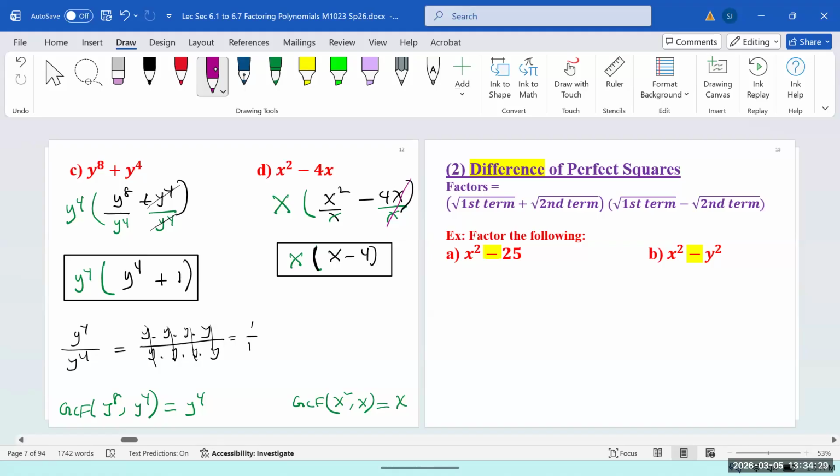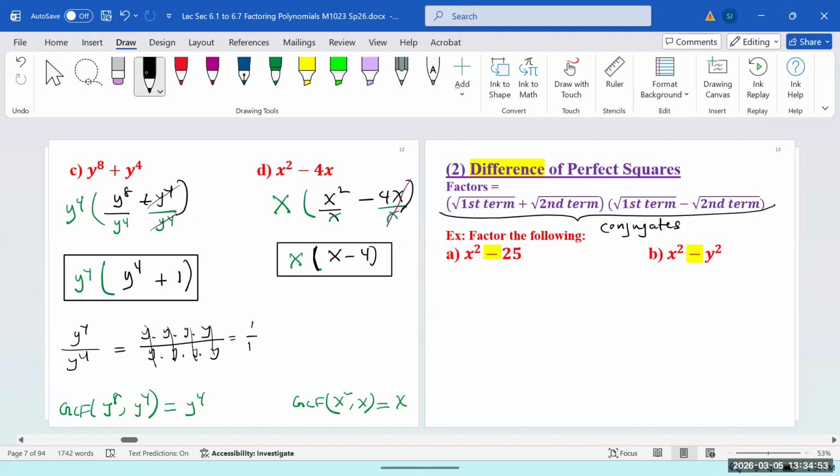So for a difference of perfect squares, our life is easy. We get the 2 factors, which are called conjugates. How do you find those conjugates? It is the square root of the first term and the square root of the second term.